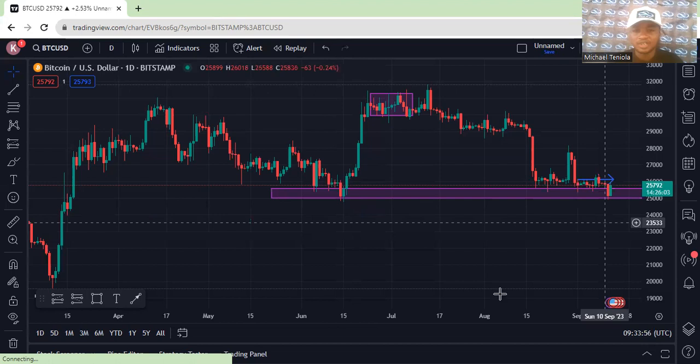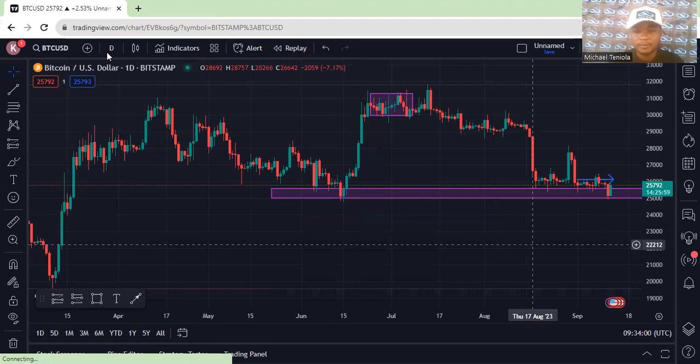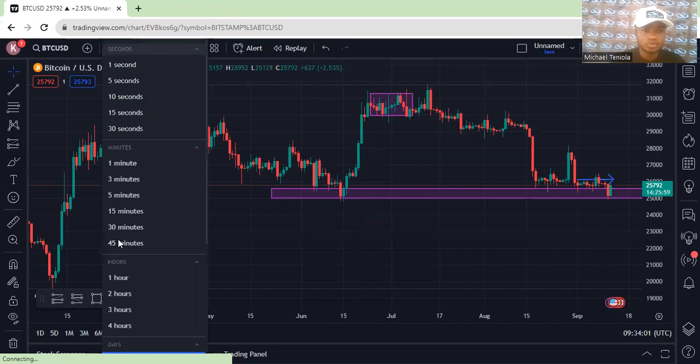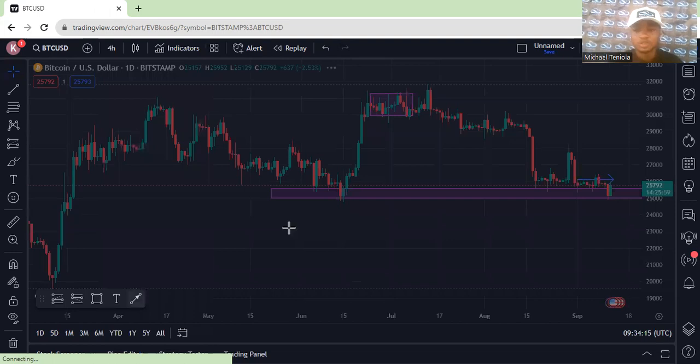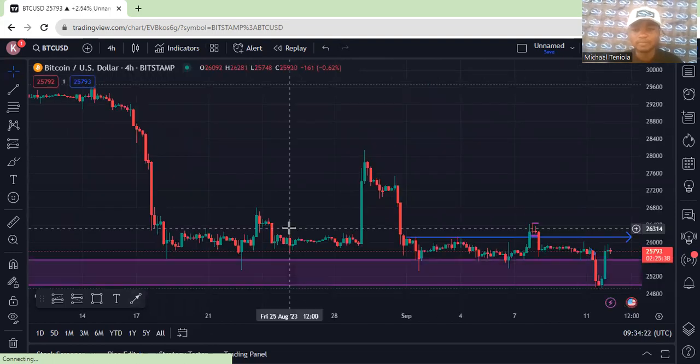Fast forward to our H4 time frame chart. Top down analysis to H4. Checking the H4 time frame chart, you can see that the big bull is pushing the market up with big momentum.